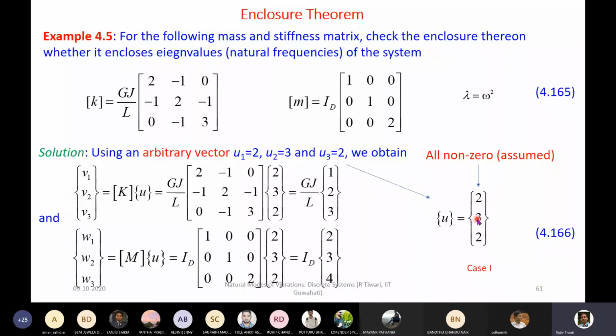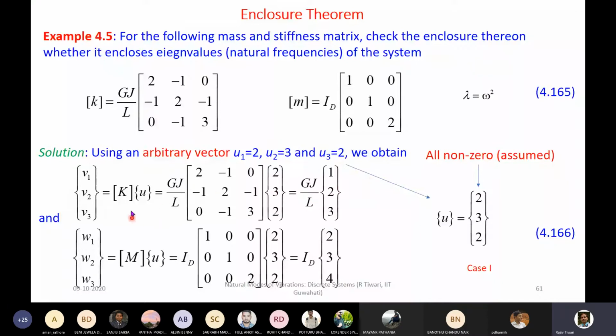Now we substitute this in the definition of V. How did we define V? It was the multiplication of the stiffness matrix with the U vector which we have assumed. The stiffness matrix is given to us, and the U vector we are choosing. If we multiply this, we'll get a vector of size n by 1, that is 3 by 1, so we get the V vector like this.